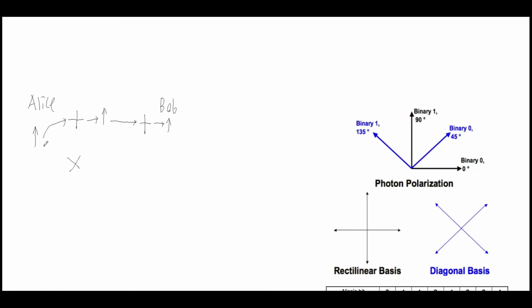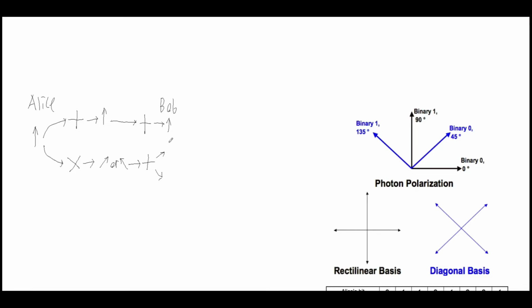Whereas if it goes down here, if Alice's computer randomly selects this to be the basis, then what comes out of here can be polarized either that way or that way. And so when it comes over to Bob, where he is still using this same basis for his polarizer, he can get one of two different things.